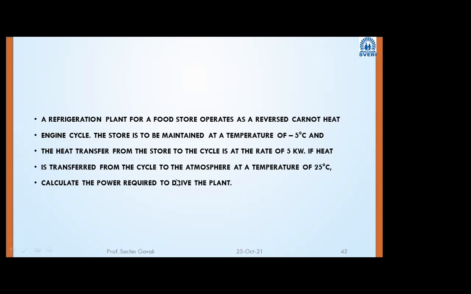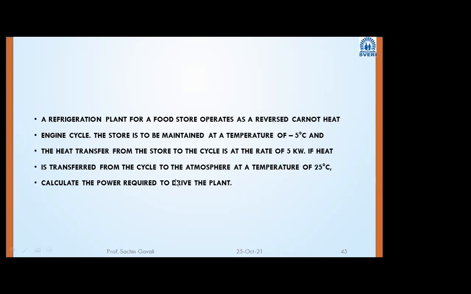Can you solve it? It is a Carnot refrigerator. Its COP depends on what? Temperature. And as it is a refrigerator, it also depends on the heat extracted divided by work done.